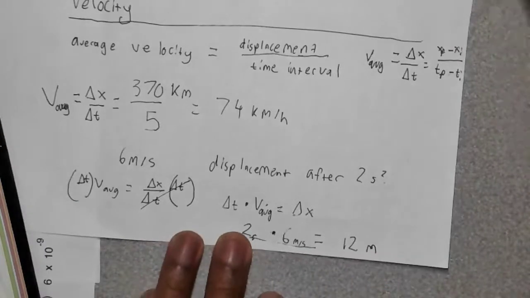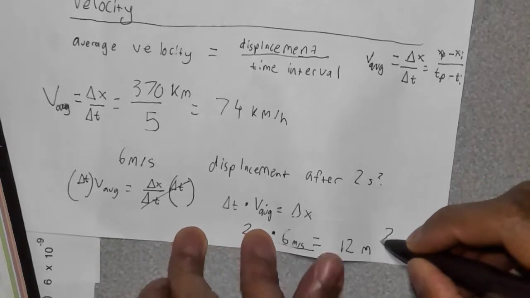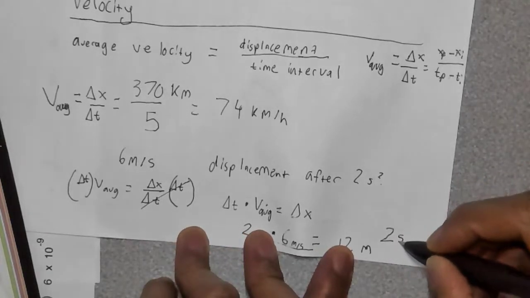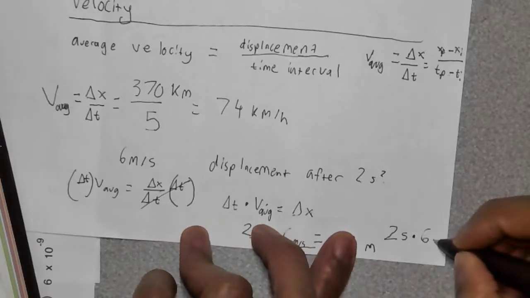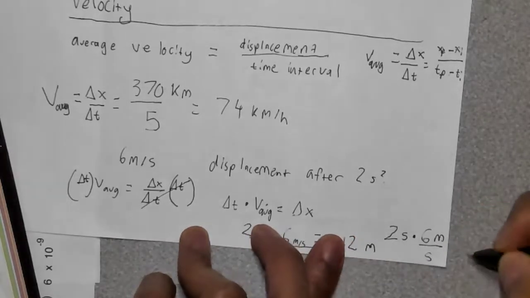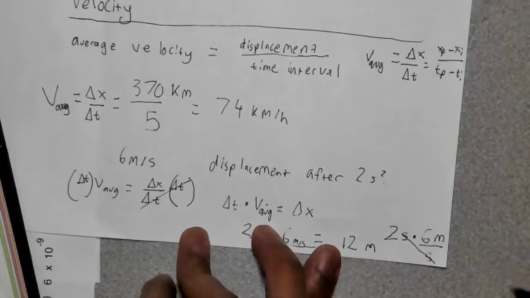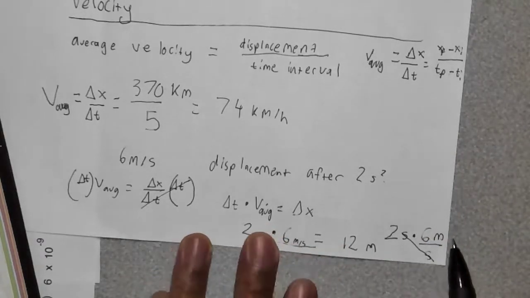To give you a better idea how the cross out would work, you have 2 seconds being multiplied by 6 meters divided by seconds. Now you can see how the seconds cross out and you are left with just 12 meters.